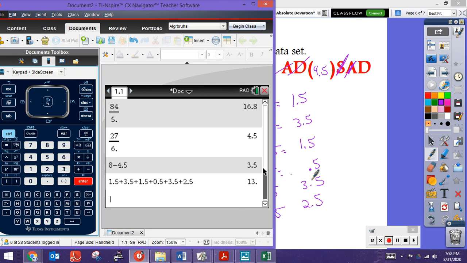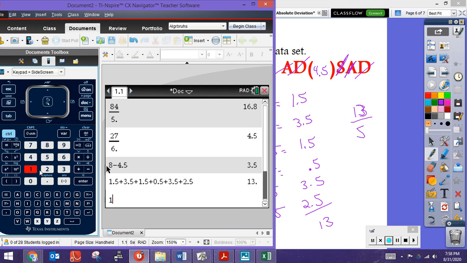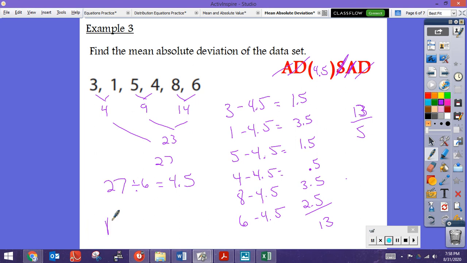Add them all up, you get 13. And then you would do 13 divided by the amount of numbers there are, which is 5. That's your division, your last step. So 13 divided by 5 is 2.6. So the mean absolute deviation equals 2.6.